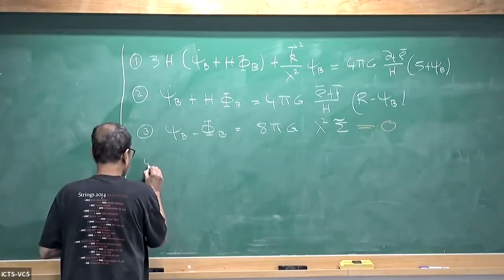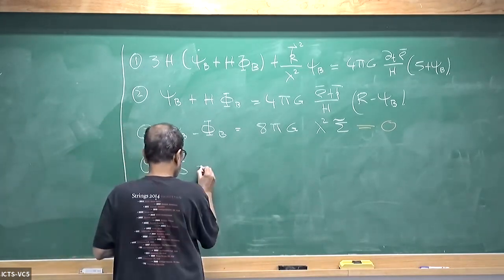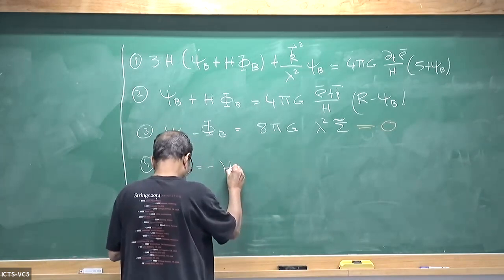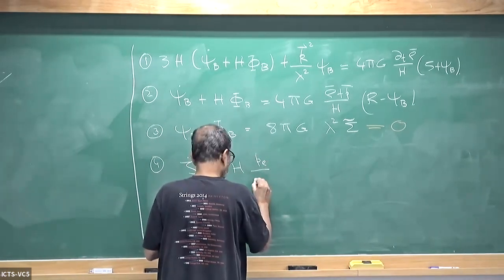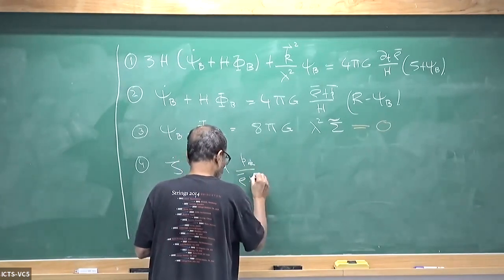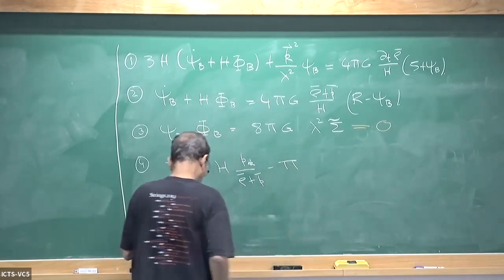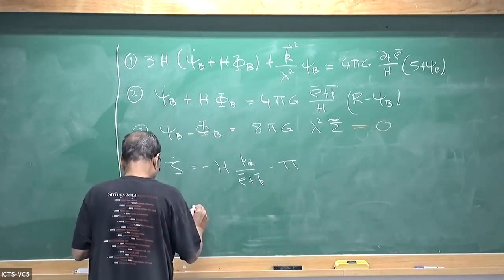And then we had the I dot, which is minus h. Pi was given by minus h.